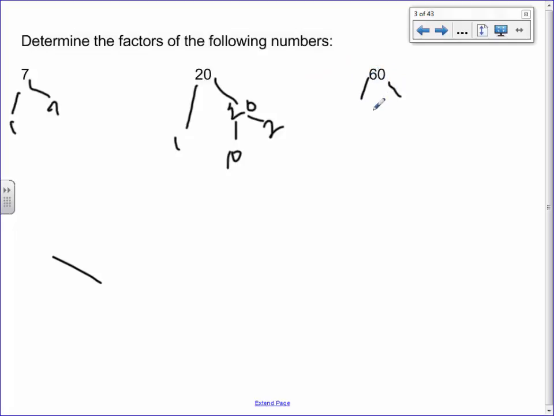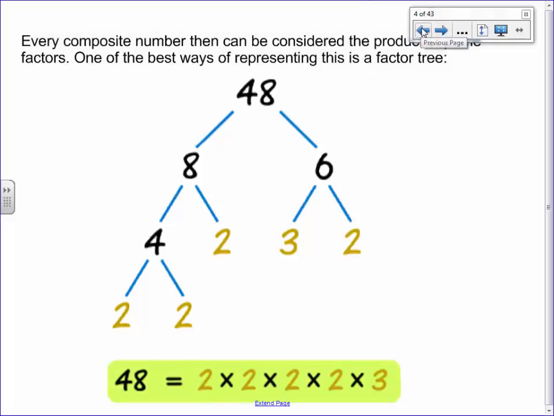Okay, so 60 I could break into, say, 20 and 3. And I can break those through. So let's go to some now where we're going to actually break them down into prime factors. A prime factor would be factors that we can't break down any further except into 1 and itself.